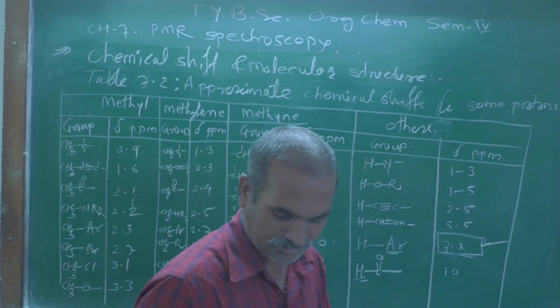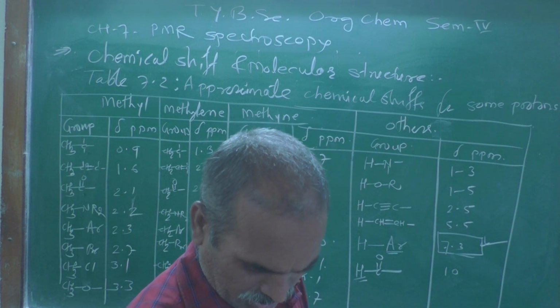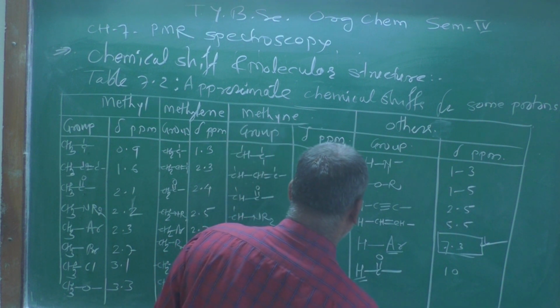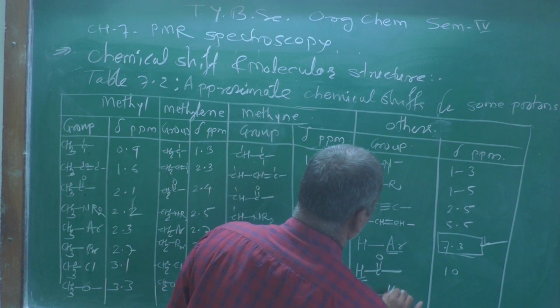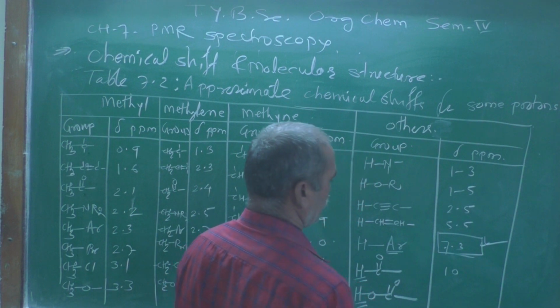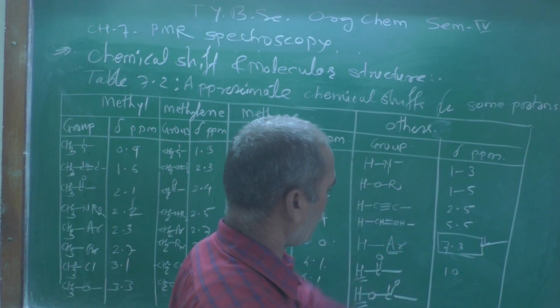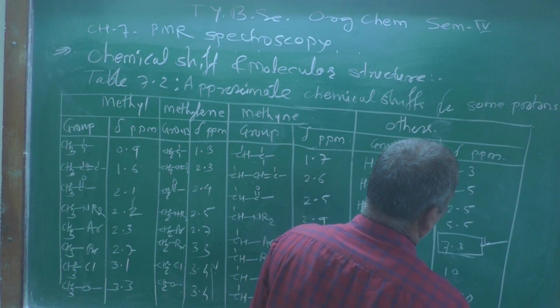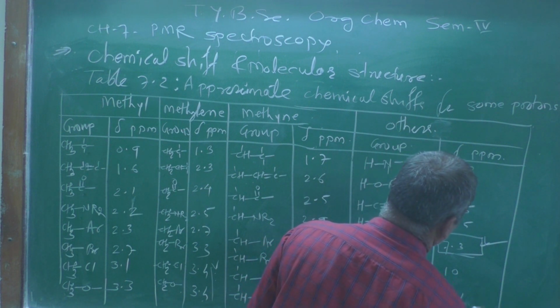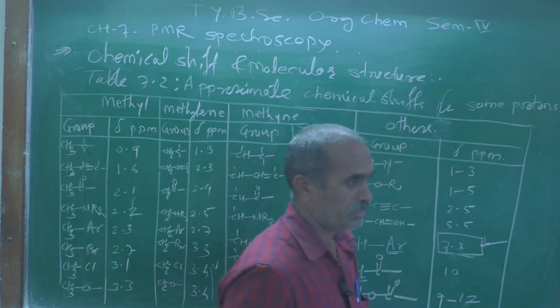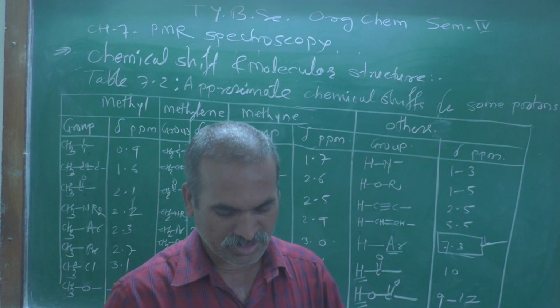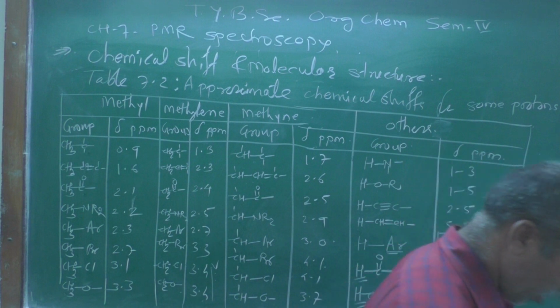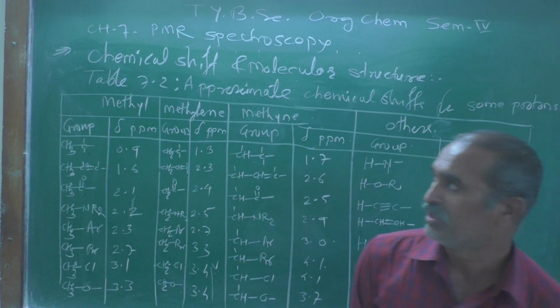And the last one, let us see over here. Suppose this is an acidic proton, and the acidic proton again has a long range, 9 to 12 ppm, you can remember. This is the chemical shift value found for acidic protons.